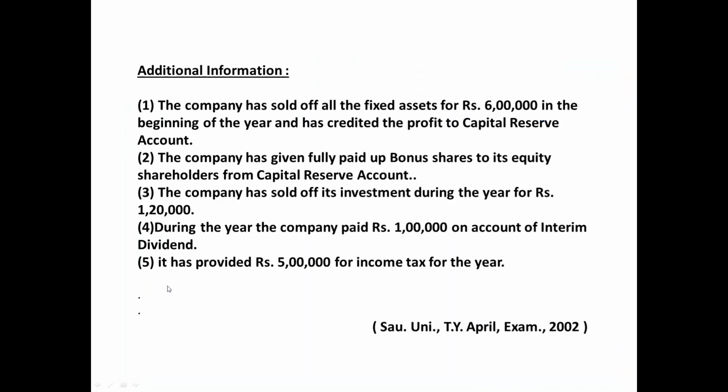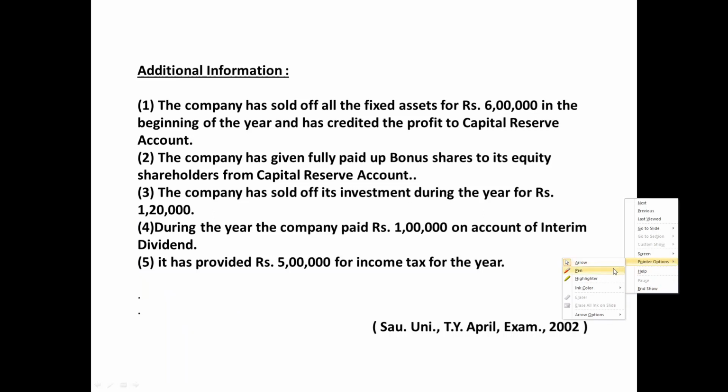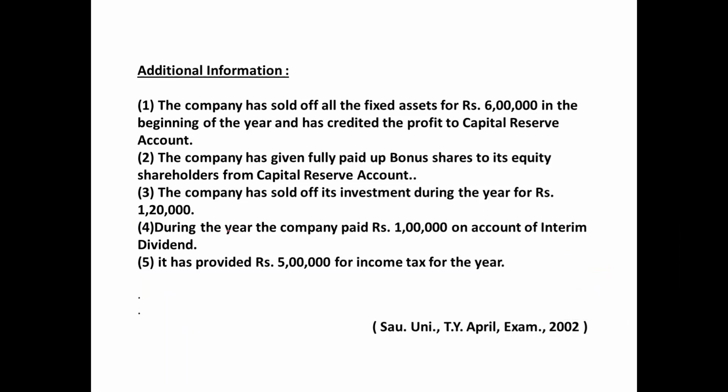And the second point, which is also coming for the first time in this topic that you have to deal with, is this fourth point, interim dividend. Number of times you faced the proposed final dividend in our previous questions, but interim dividend you are going to deal with for the first time over here in this question.